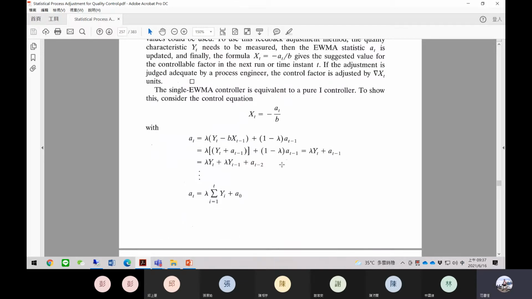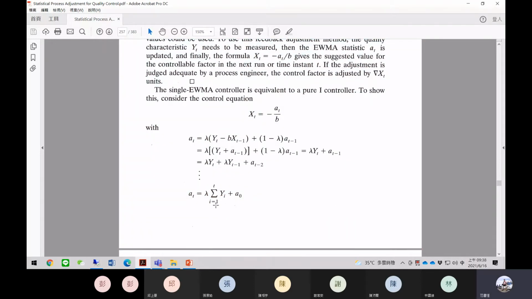Rearranged, this is equal to lambda yt plus this cancels out, this is plus at minus 1 right here. Then keep doing that. So we have lambda yt and lambda yt minus 1 and lambda yt minus 2 and so on and so forth. So at can be represented as lambda times the summation of yt.